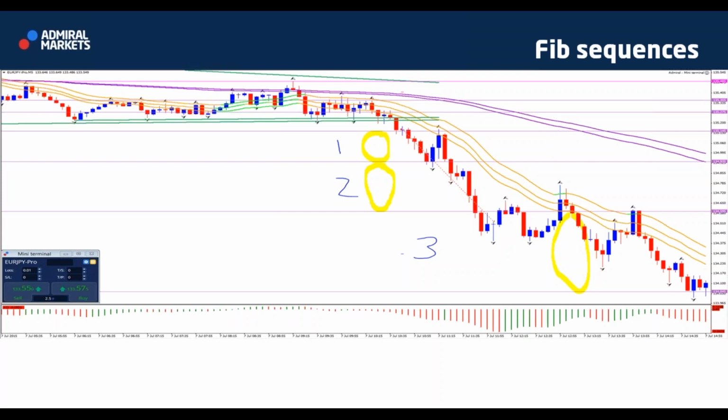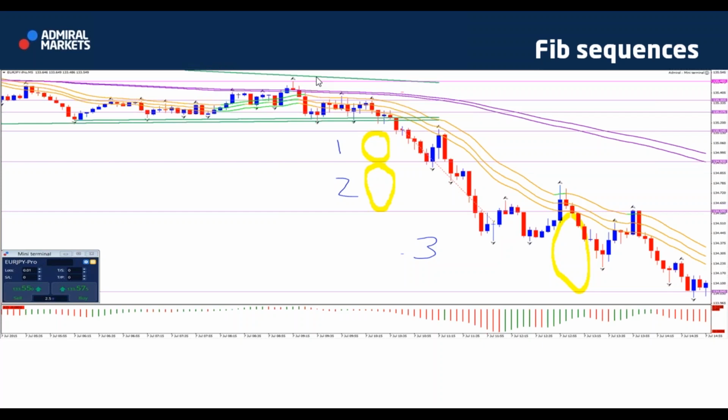Let's see... I'm getting my fib sequence levels mixed up. It doesn't happen to me often. 55, 89, 144, 233, 377, if I remember correctly. And yeah, those are the number of pips.